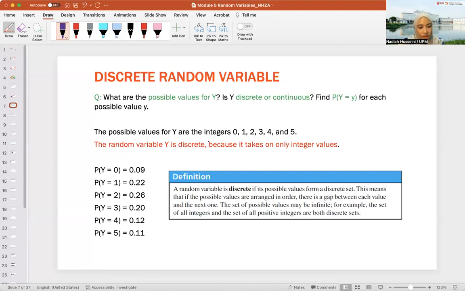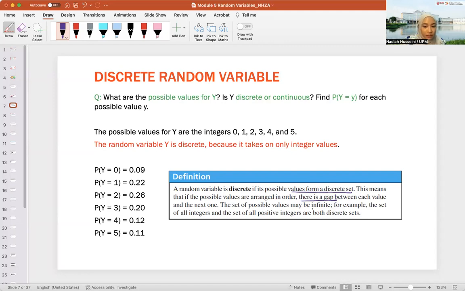So this is the solution. The random variable Y is discrete because it takes only integer values, as your friend mentioned. And this is the probability for each value of the random variable. A random variable is discrete if its possible values form a discrete set. This means that if the possible values are arranged in order, there are gaps; the values need to be whole.